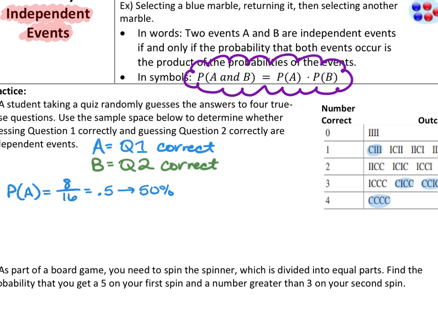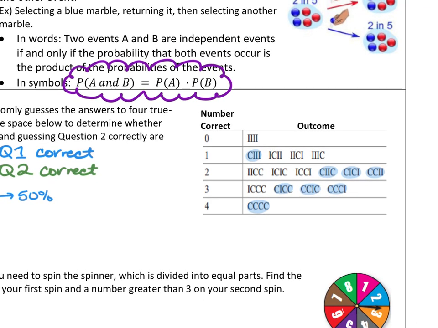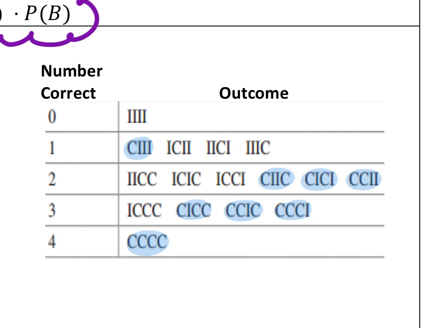Let's do the same thing for the probability of B occurring. So let's look at our sample space. How many times in my sample space was the second question correct? I see it here because the second letter is C. You look through the rest of the sample space. How many times was the second letter C?